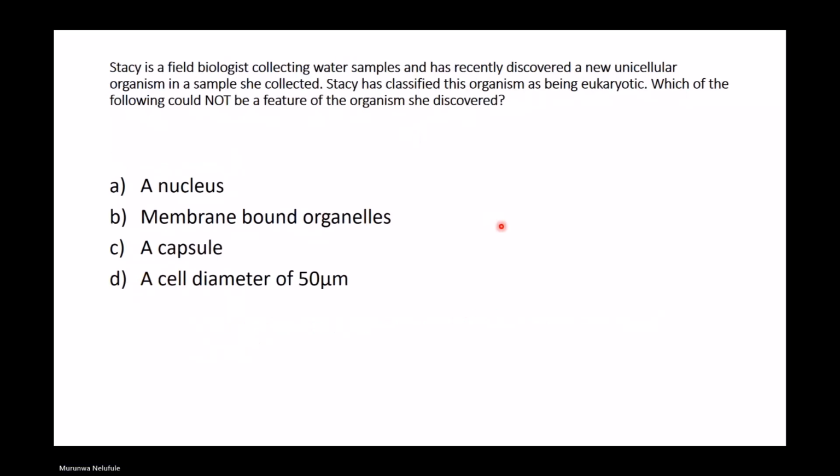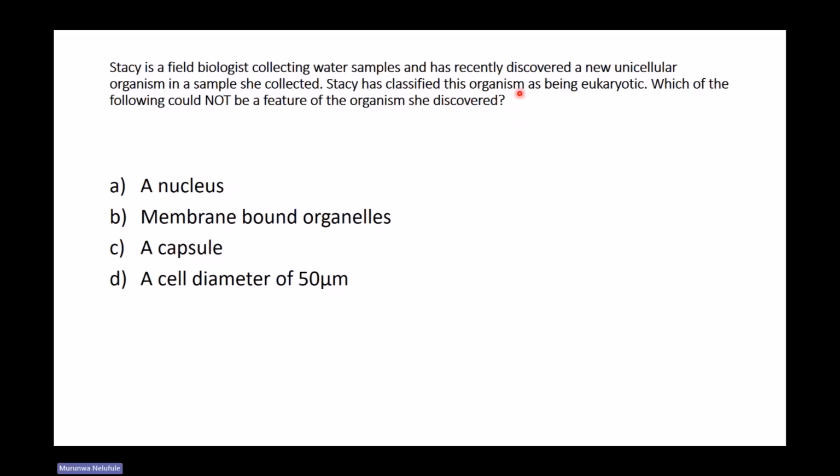Stacy is a field biologist collecting water samples and has recently discovered a new unicellular organism. In the sample she collected, Stacy has classified this organism as being eukaryotic. Which of the following could not be a feature of the organism that she described?